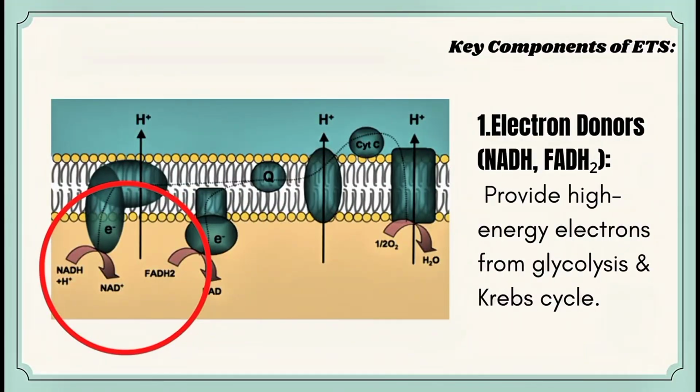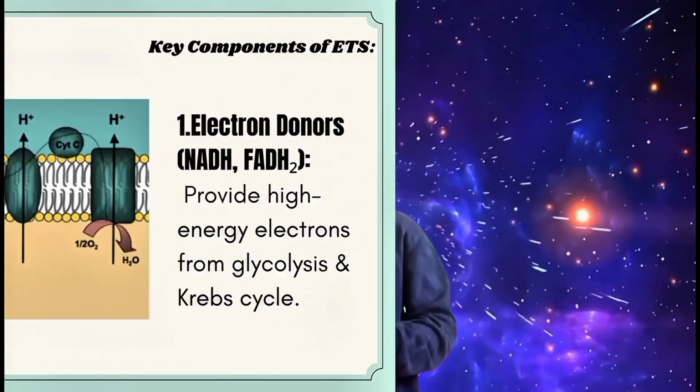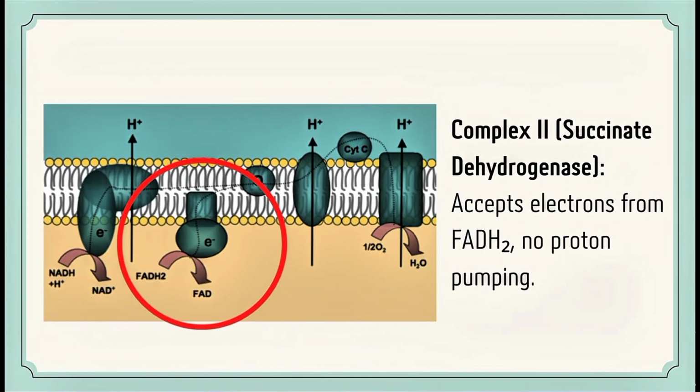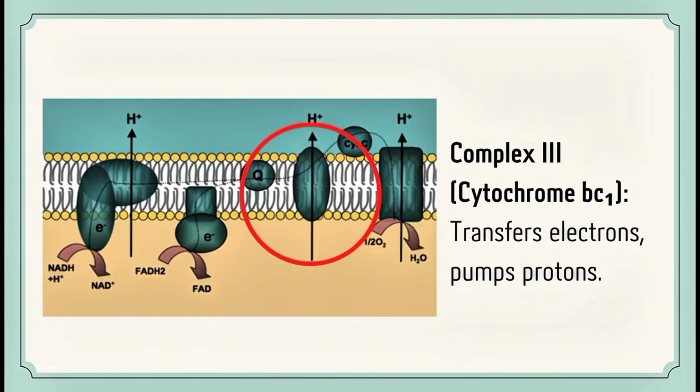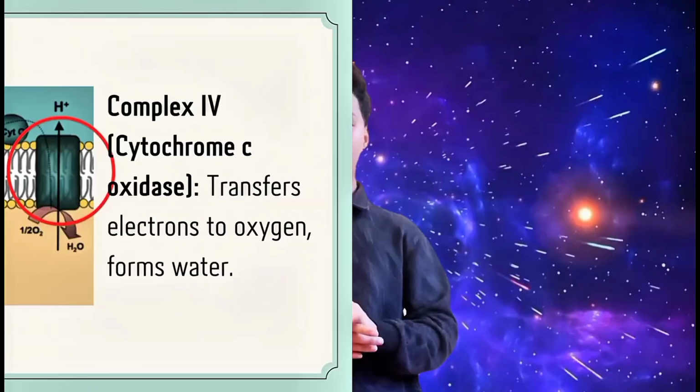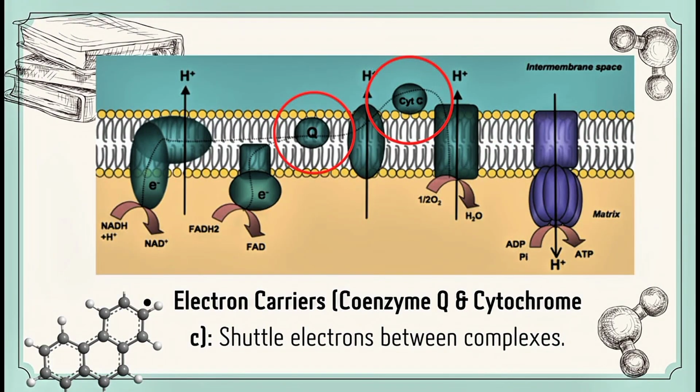Before we go step by step, let's meet the key players of this electron transport system. First, electron donors, NADH and FADH2, which bring high energy electrons from earlier processes. Next, protein complexes, and there are 4. Complex 1, NADH dehydrogenase. Complex 2, succinate dehydrogenase. Complex 3, cytochrome bc1. And complex 4, cytochrome c oxidase. Electron carriers, coenzyme Q and cytochrome c, which act like shuttles, moving electrons between complexes.